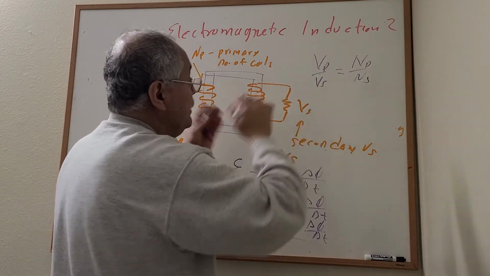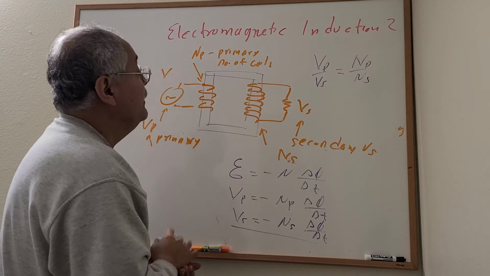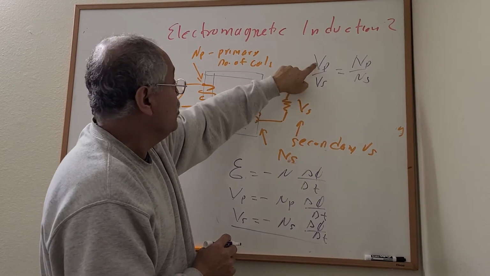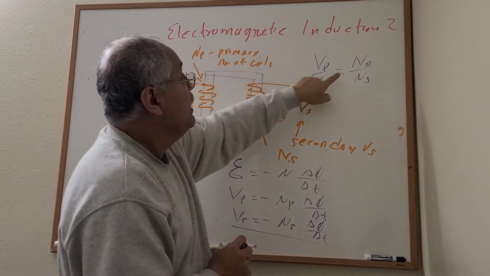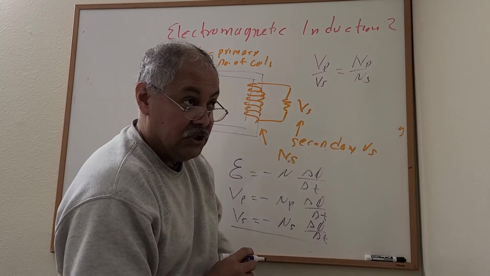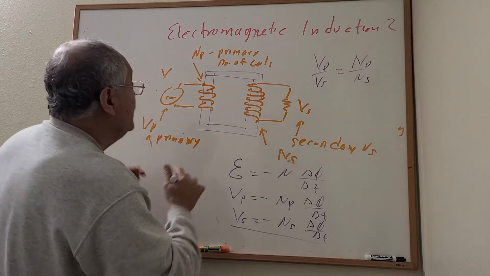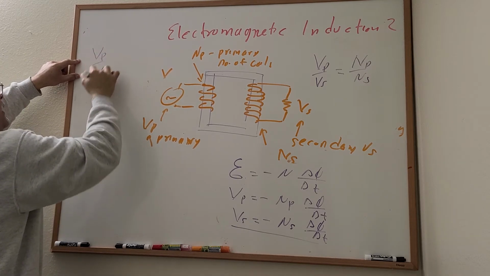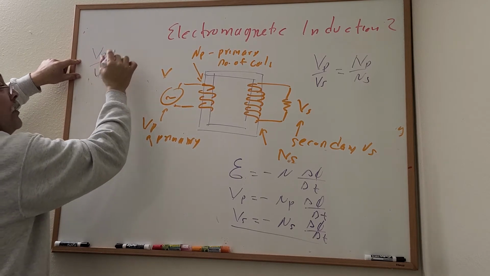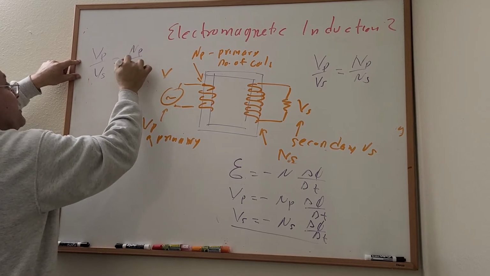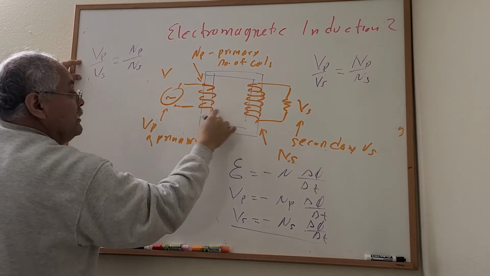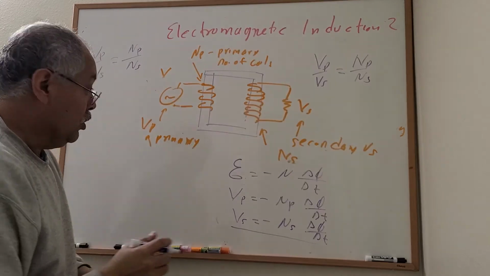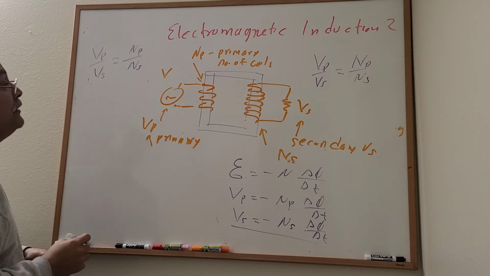Imagine we're looking for the secondary voltage: it depends on the primary voltage and on the number of turns for each coil. So this equation gives us the relationship between voltage and the number of turns on these inductors, or coils.